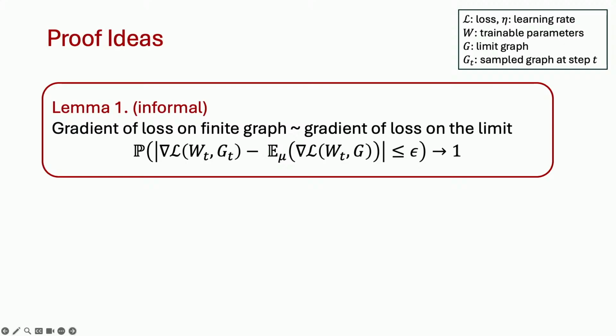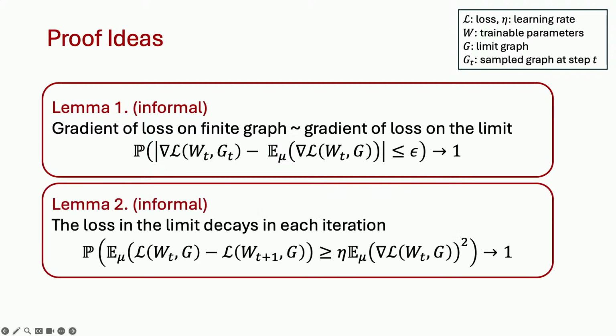The first part of the proof is that this ratio converges to 1. This is where local graph limit theory comes into place. This first lemma is proved because I am assuming that the samples I get are from the general families that have this infinite graph mu.